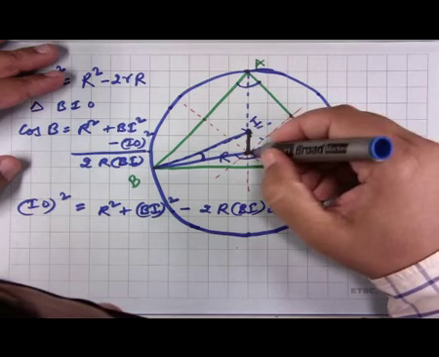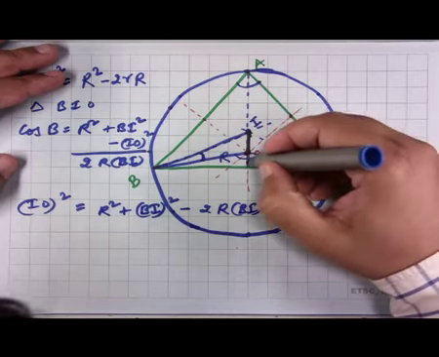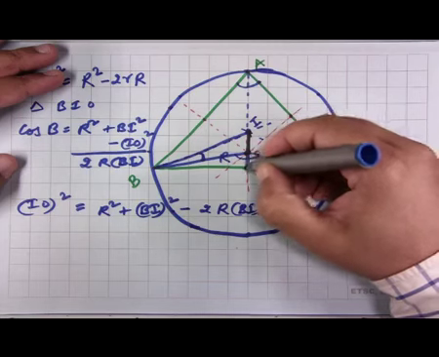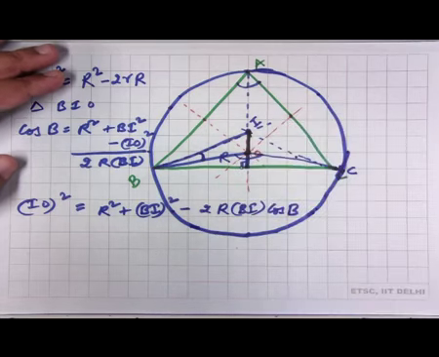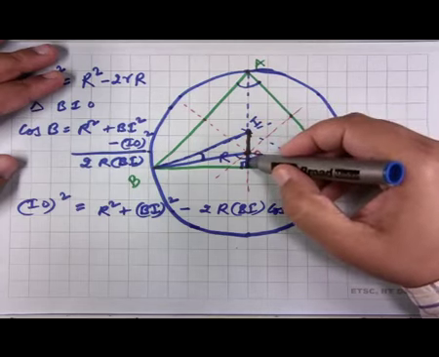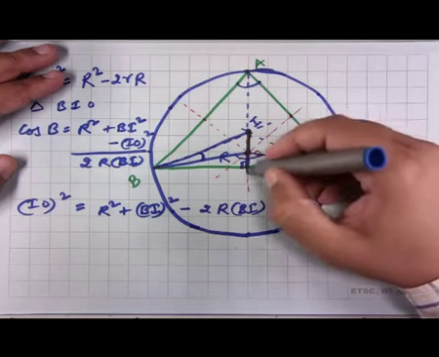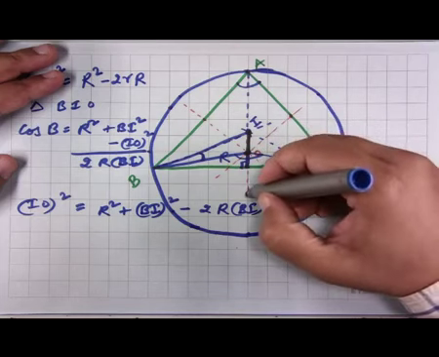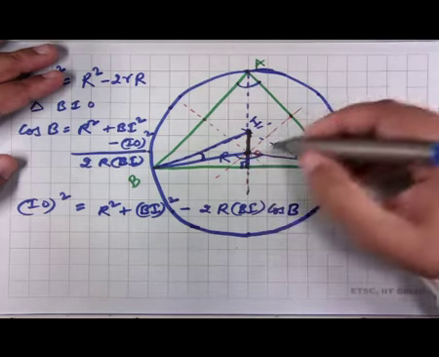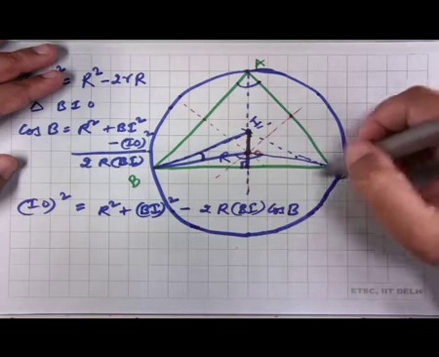Let us now drop a perpendicular from this circumcenter. So, let us drop a perpendicular like this. Note that this perpendicular is basically along this dotted red line, which was the perpendicular bisector of this line segment BC.